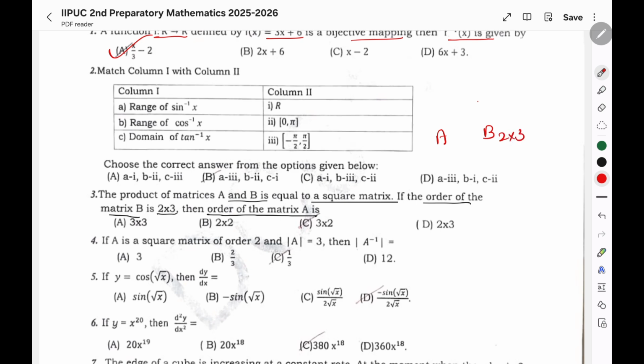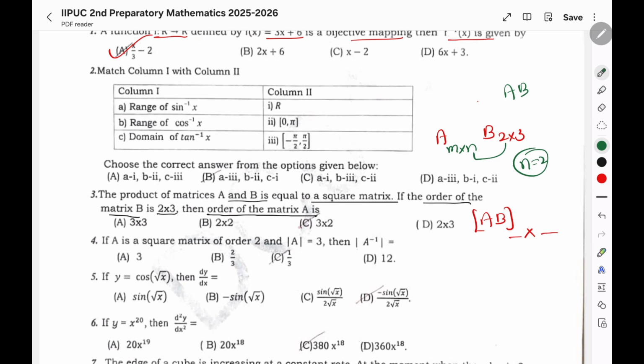Also given that the product of the matrices A and B is a square matrix. Square matrix means same number of rows and same number of columns. So suppose the order of matrix A is m by n. If AB is defined, it means n value must be 2.